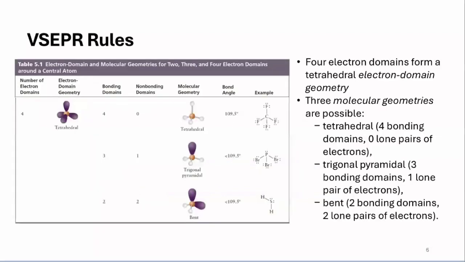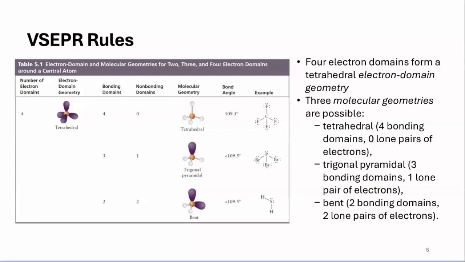Lastly, we have the VSEPR rules for when a molecule has 4 electron domains. Any molecule that has 4 electron domains is going to have an electron domain geometry that is called tetrahedral.